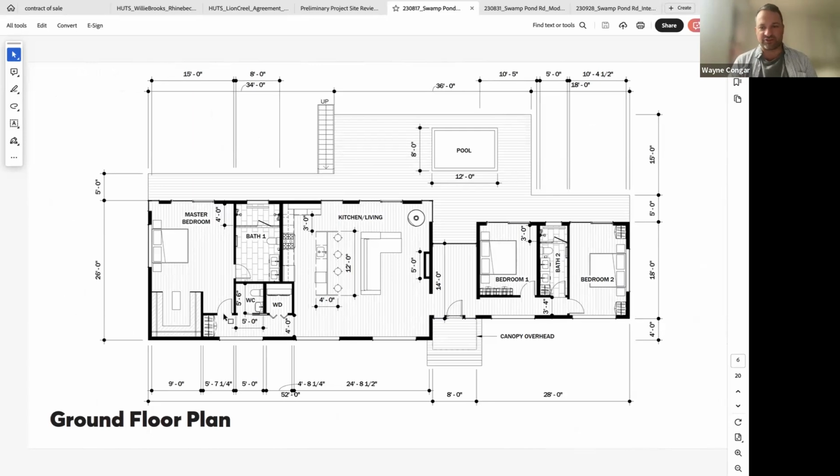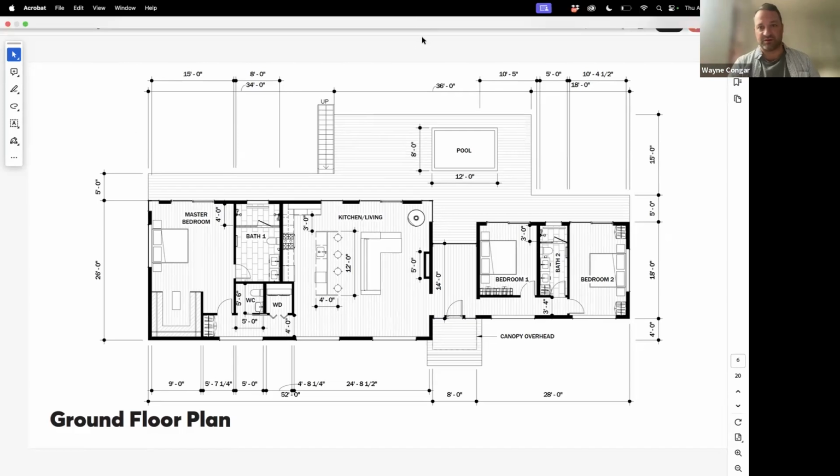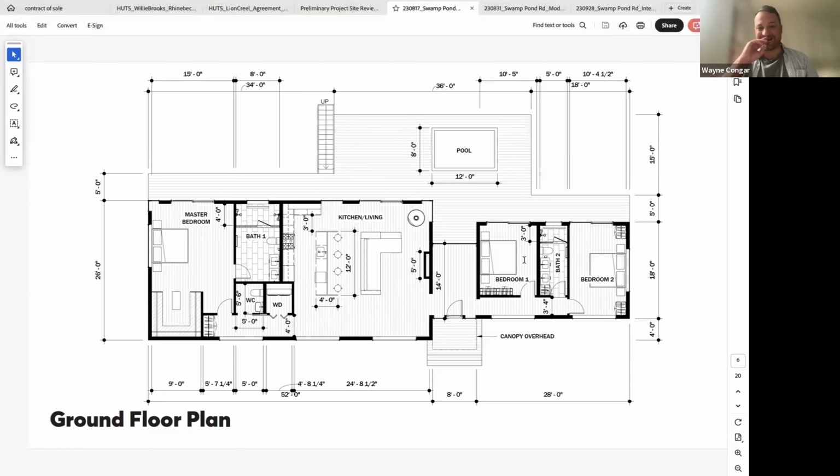You can see the origins of a big bar in this, and some of the ideas of how to resolve the space in a way that felt more specific to his use. But a lot of the early ideas survived: a low end of the site on the way that you approach, a glacier-facing deck side, and a pool there. We took these sketches directly, reflected them back to the client, and then started to analyze them from there.